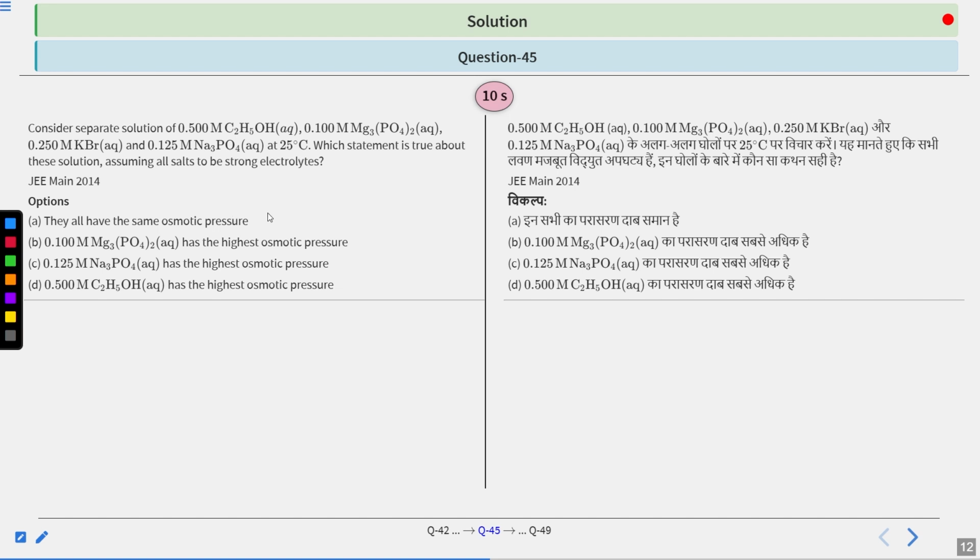Your options are A, they all have the same osmotic pressure. B, this 0.100 molar Mg3(PO4)2, which is magnesium phosphate, has the highest osmotic pressure. C, 0.125 molar has the highest osmotic pressure. And D, 0.500 molar has the highest osmotic pressure. So you have some time to solve this question. Your time starts now.